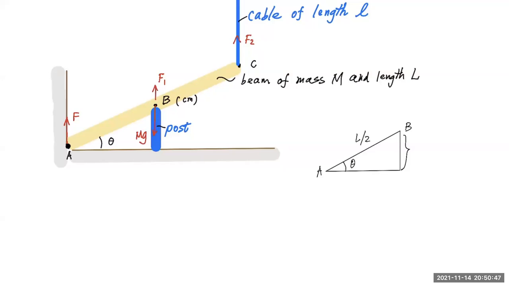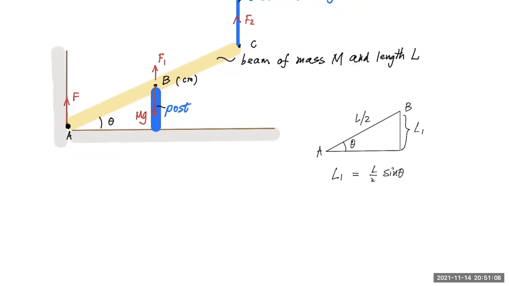Original length of the post, why don't we call it L1? Now I want to know how much L1 changes when the angle theta decreases by an amount delta. Now L1 equals what? Half of L times sine theta, right? Half L times sine theta.